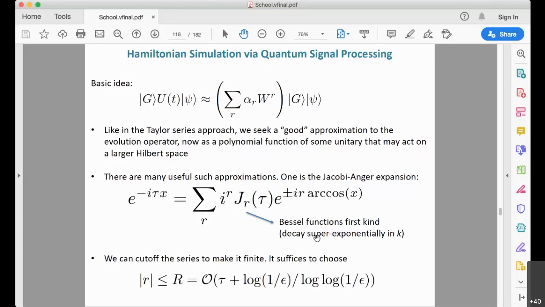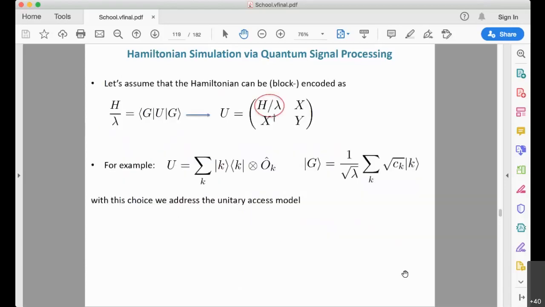And it's fairly easy to show that this sum runs over an infinite number of R, right? But you can cut it off at a value of R that is almost linear in tau, plus logarithmic in 1/epsilon. And this is the key thing for why they achieve such a nice scaling, because they can cut off the series at that point. We had to cut it off in a different way in our Taylor series approach. But here, this is a better approximation in some way.